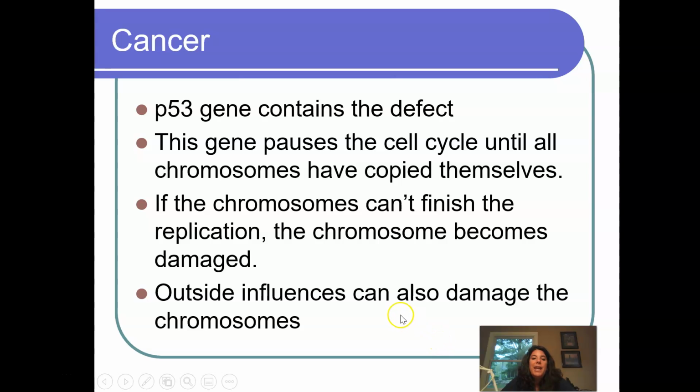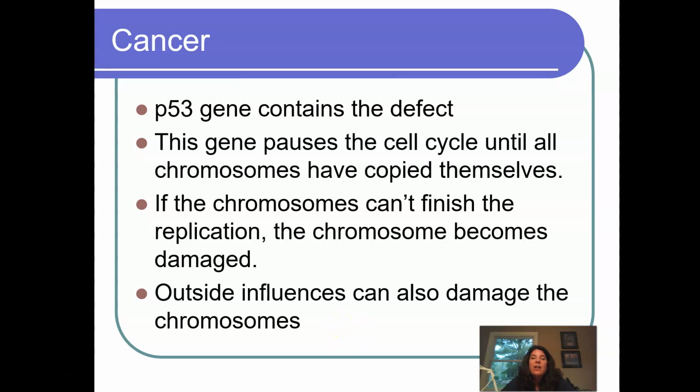And if the chromosomes can't finish the replication to make an exact copy of the DNA, those chromosomes become damaged. And then again, the cell will start making repeated copies of these damaged cells. So with p53 in cancer patients, the cell doesn't pause after the S phase to make sure everything was copied correctly, and so we end up with damaged cells.